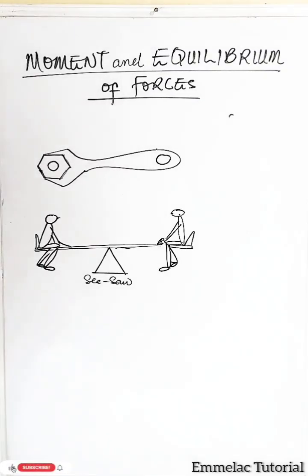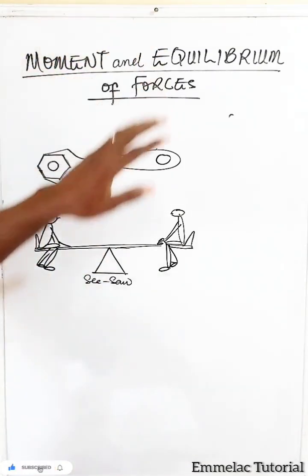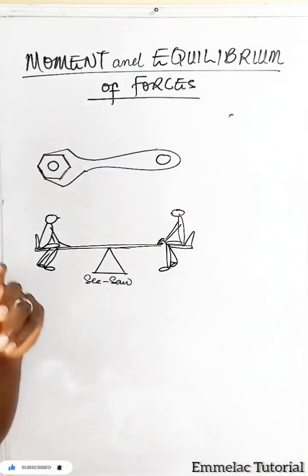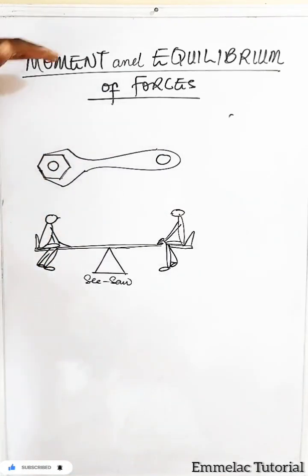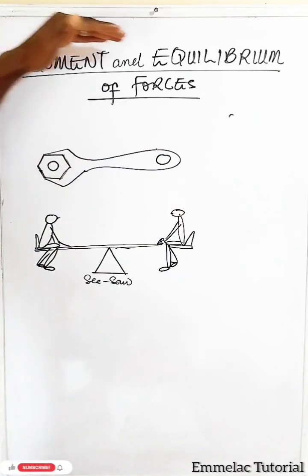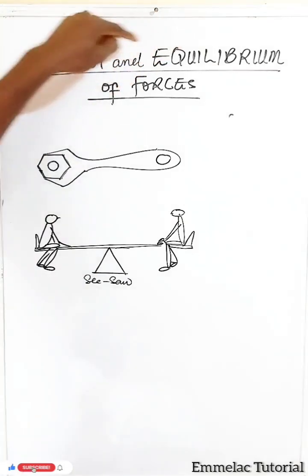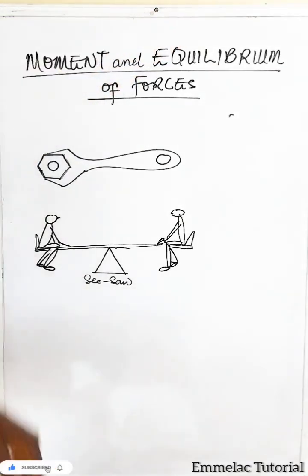Now before us is this topic, and it says here moment and equilibrium of forces. In this video we're looking at what moment is and what equilibrium is, and how these two terms relate.